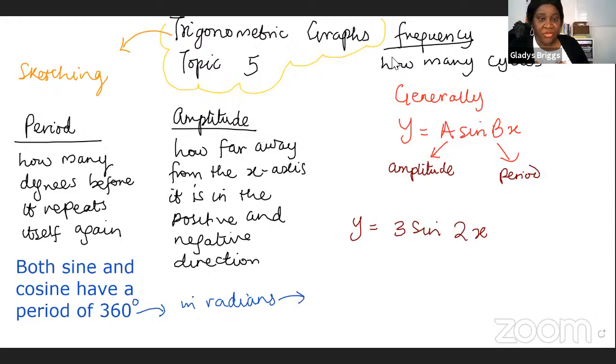Make sure that you are writing everything down that I'm saying. 2 pi, because 1 pi is equal to 180 degrees, yeah? So 360 degrees is 2 pi in radians. We'll have a look at how to use them in numbers and in radians.